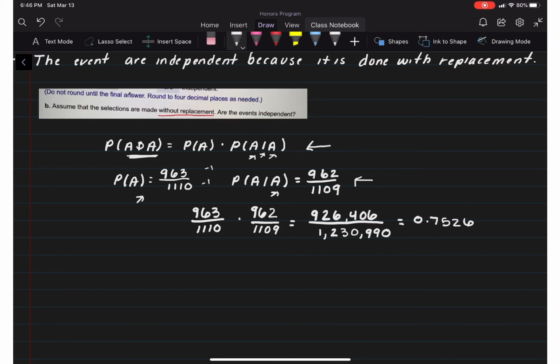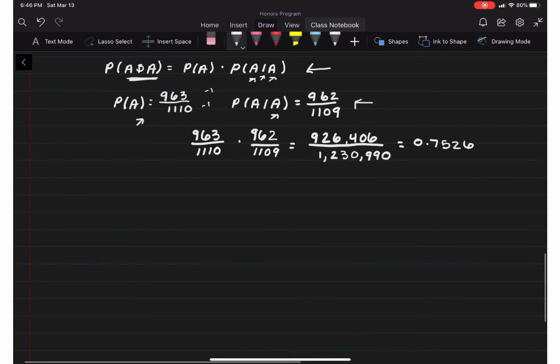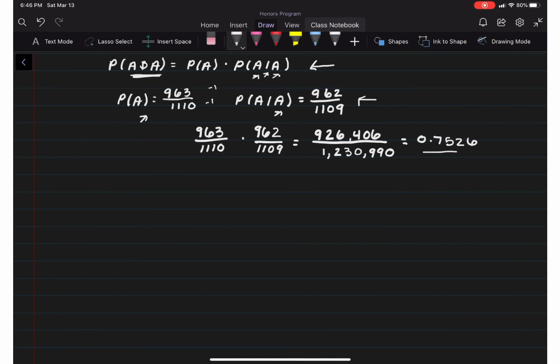We have to take 1 away from it. So when we multiply them together, we get this number. So the events are not independent. They're not independent because it's done without replacement.